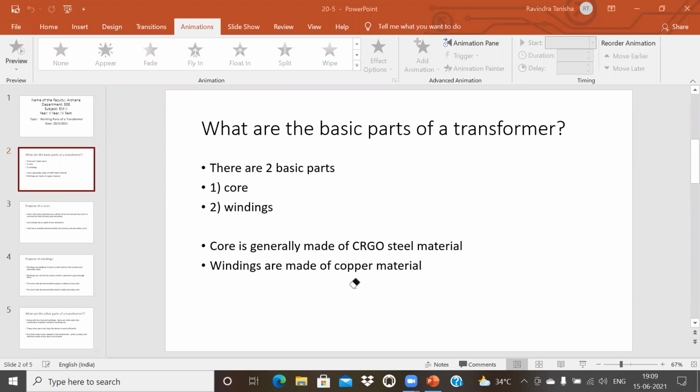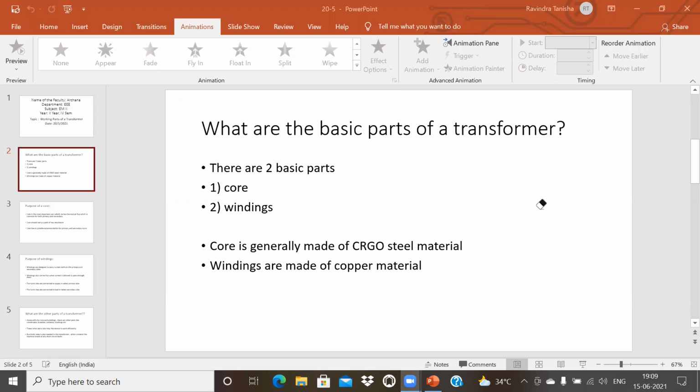And for windings, we make use of copper material. So why are we using only these particular materials?